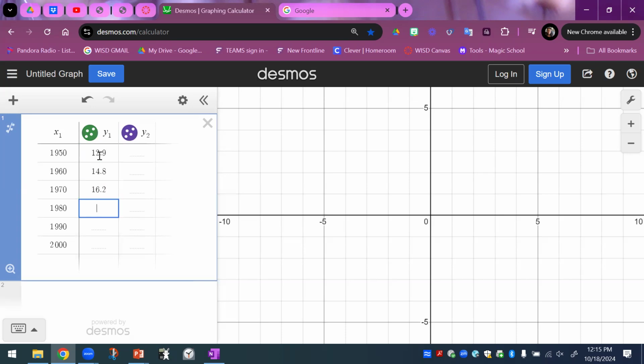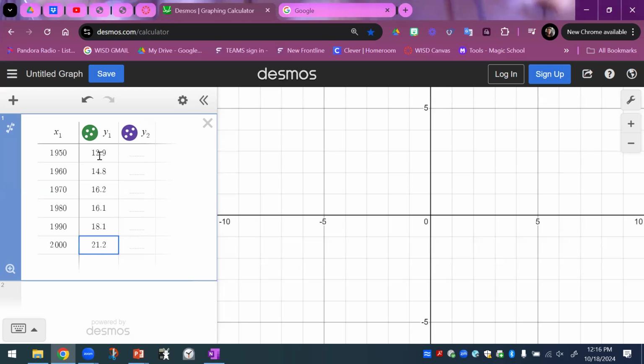If you're wondering where these numbers are coming from, it's from our notes on part 4, looking at the table. And then we have 16.1 million. And we have 18.1 million. And then we have 21.2 million. So those are the population values for New York City.